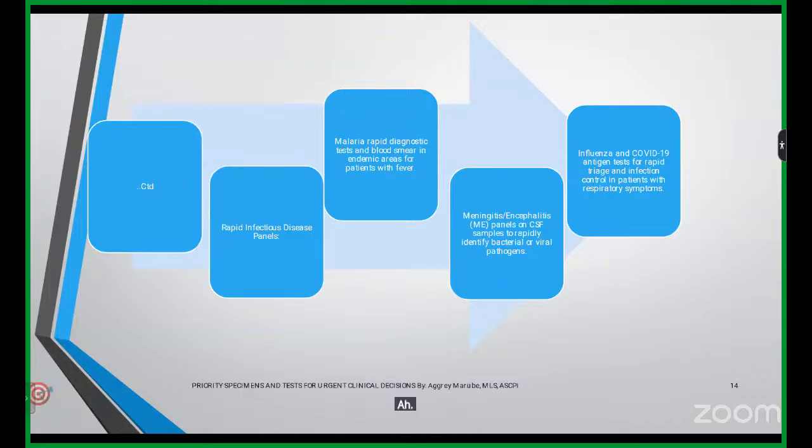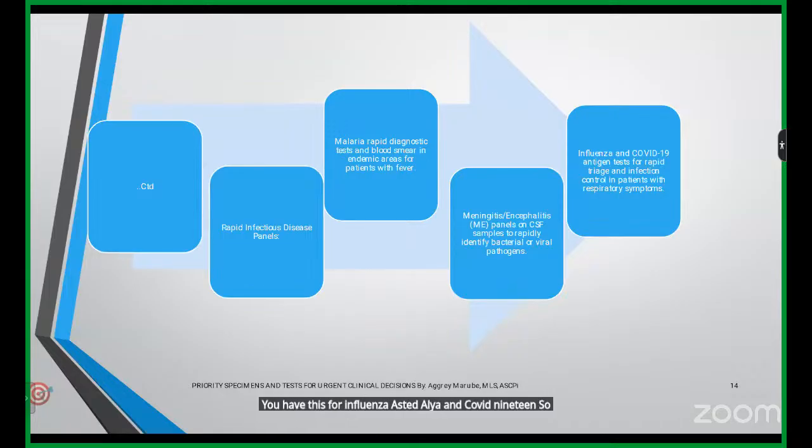We have also meningitis and encephalitis panels on CSF. This is to rapidly identify bacterial or viral pathogens in CSF. We have tests for influenza, as stated earlier, and COVID-19.